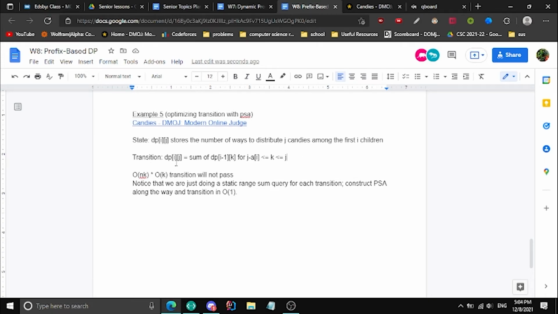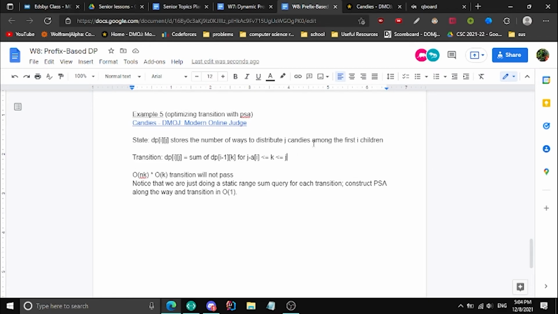And the transition of dp at i at j would be the sum of dp at i-1 at k for every k between j minus a_i and j. So let's try to make sense of this.